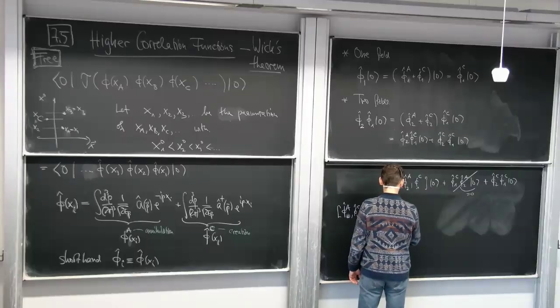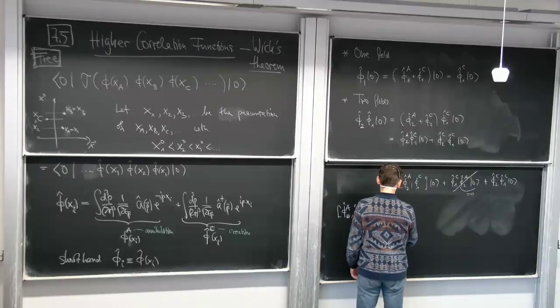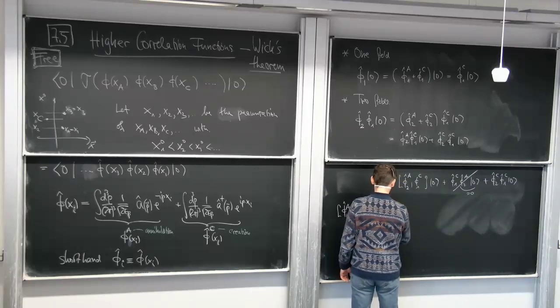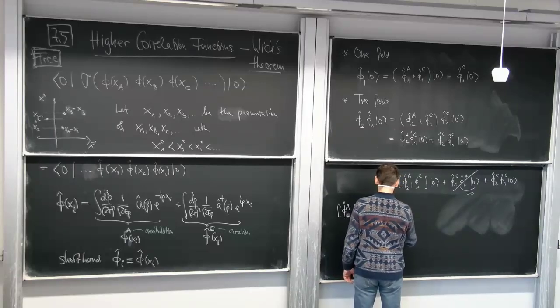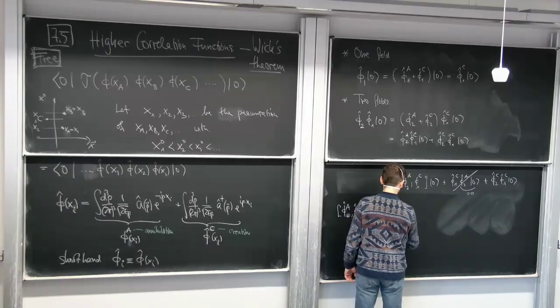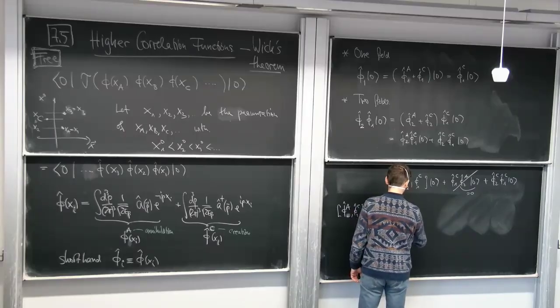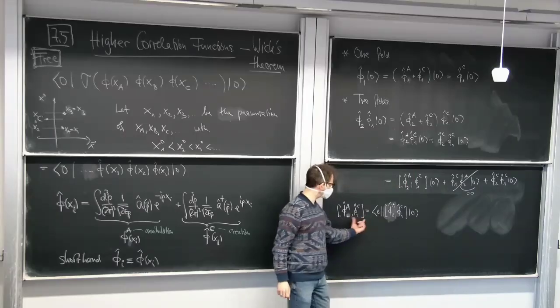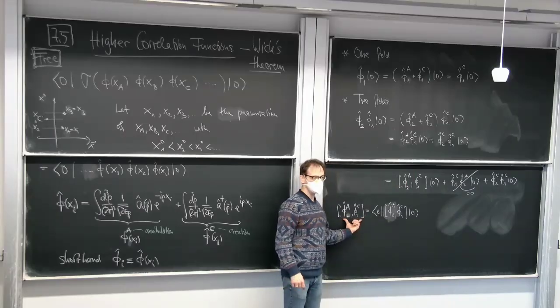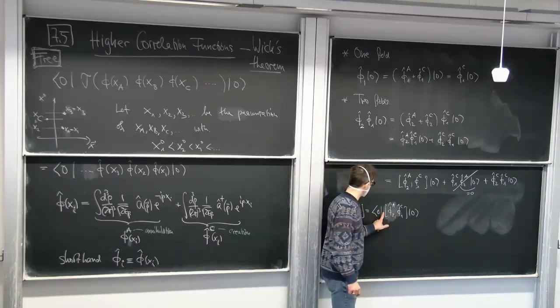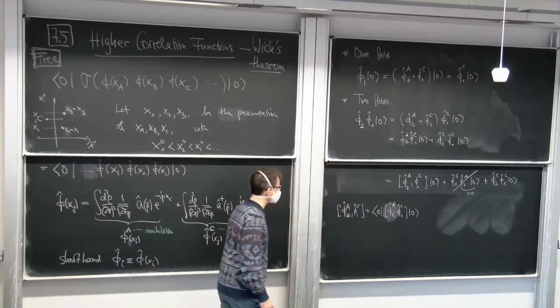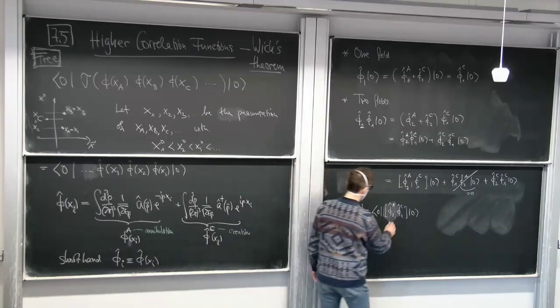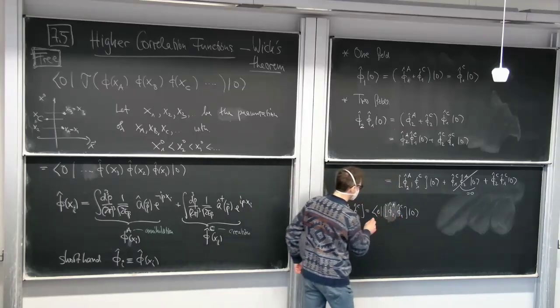That's the same. We might as well stick it inside. Phi A 2 phi 1 C 0. That's okay because this is just a number. So taking the expectation value doesn't make a difference.